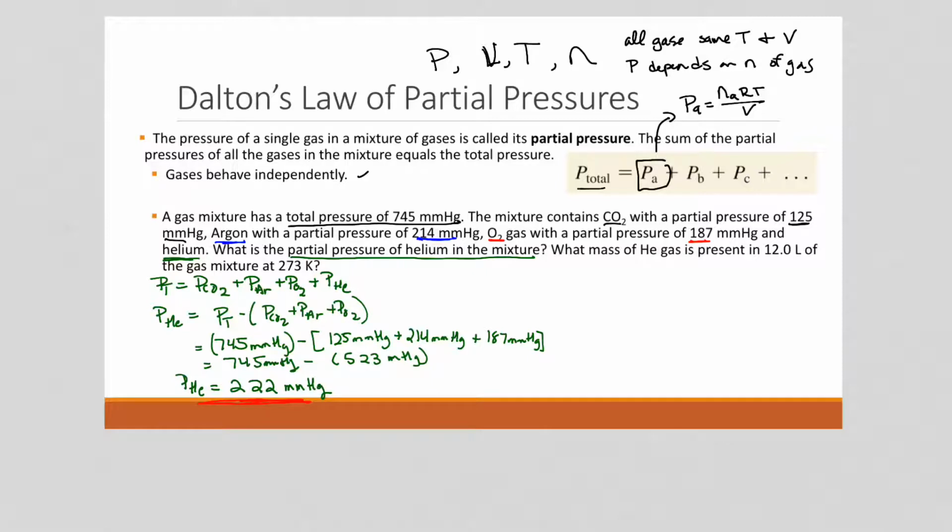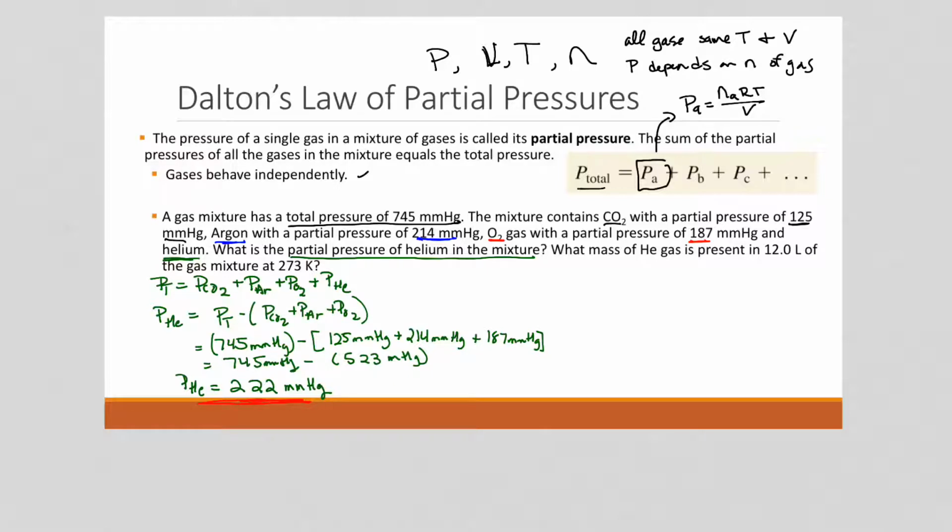Now, the second question says, what mass of helium is present in 12 liters of gas at 273 Kelvin? So this is a little tricky because the temptation is to try to figure out the mass. But remember, in a lot of the things we do, everything is based on moles.